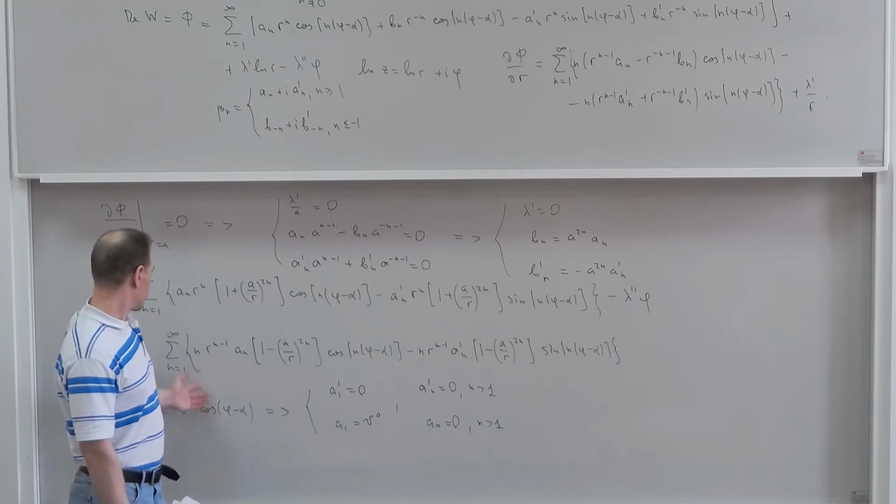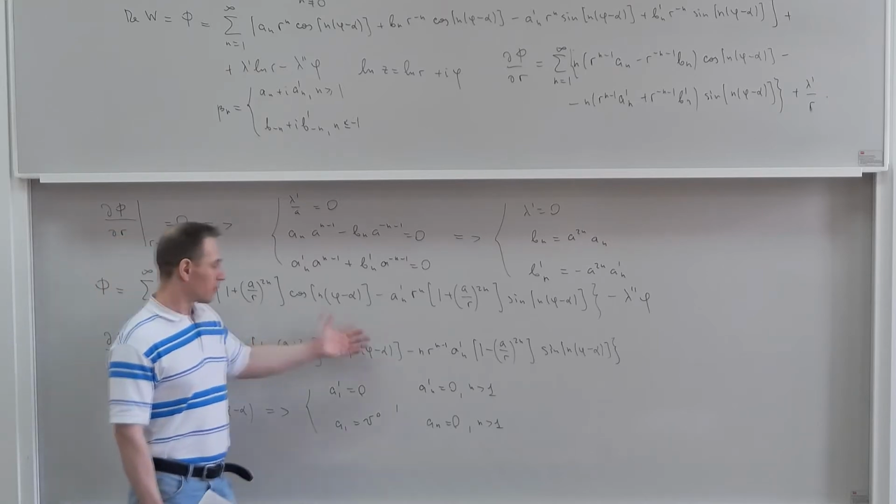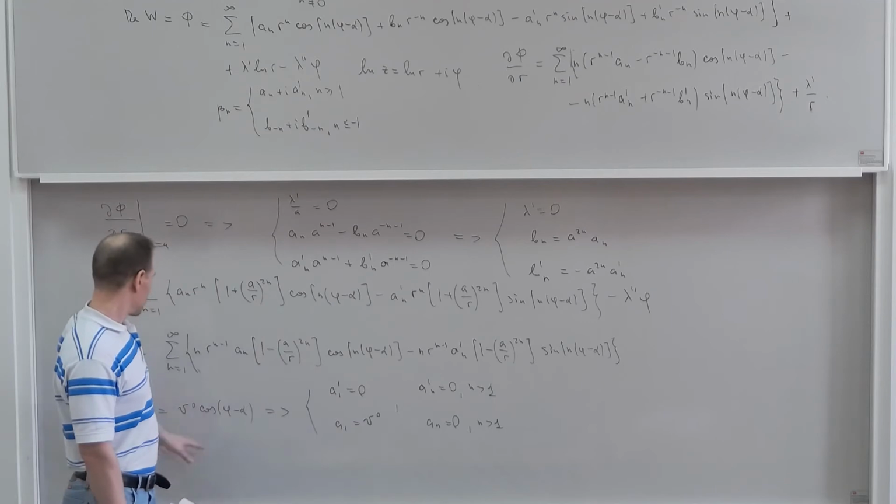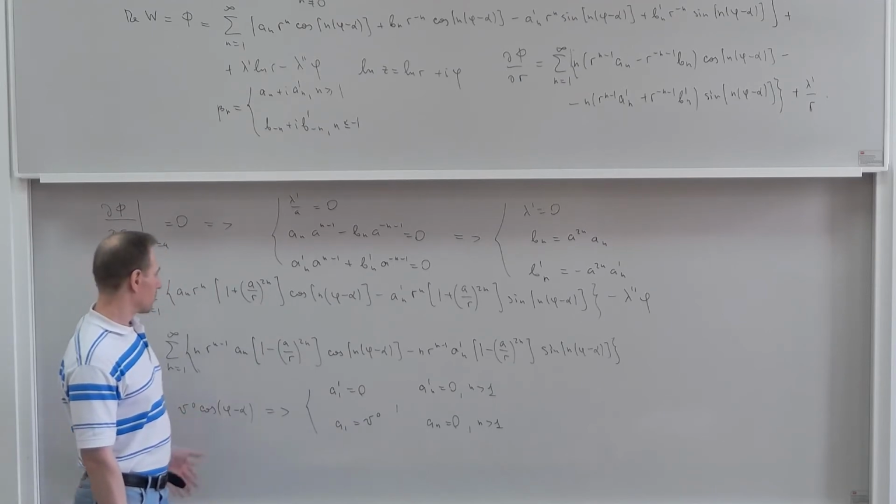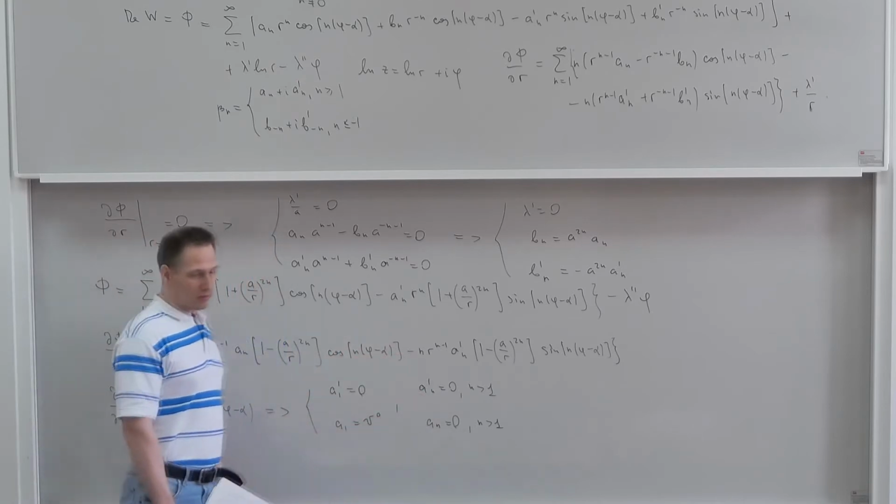And so we see that only one term must survive in this expression, which is proportional to cosine. And then we obtain such a system of equations.